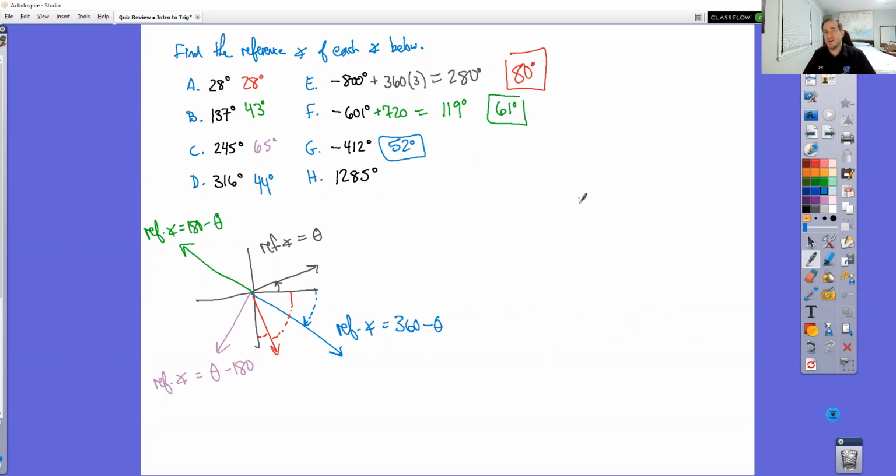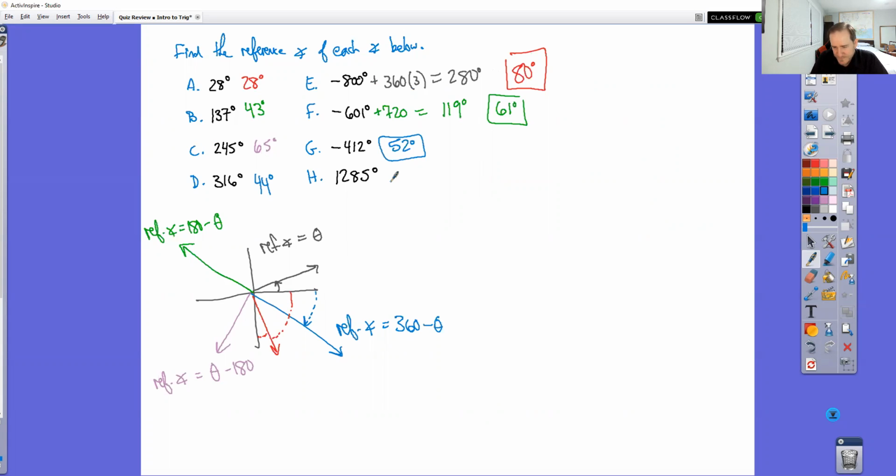And then the 1285, you just have to subtract away a bunch of 360s, maybe 5. Is that right? No, that's too many. Subtract away 3.